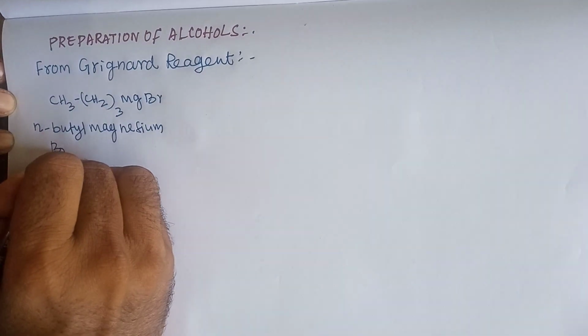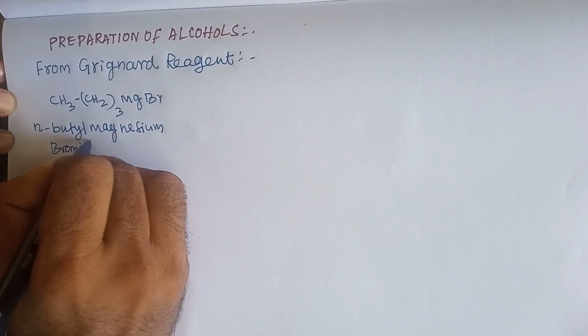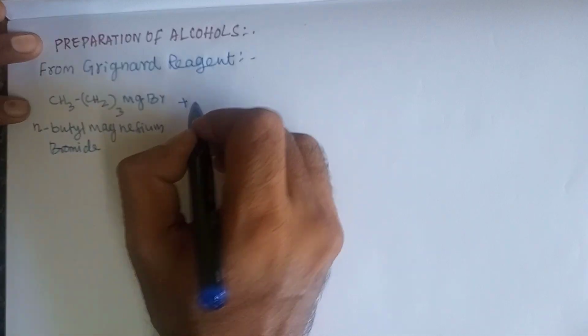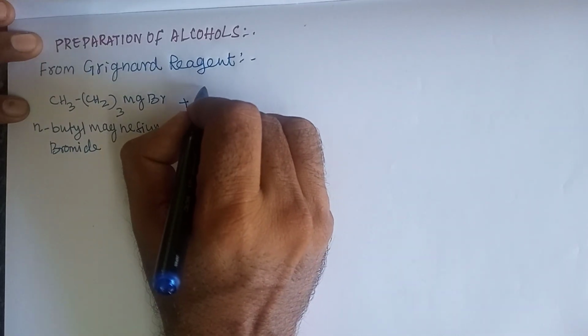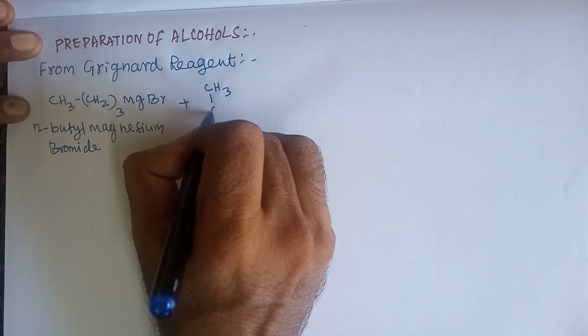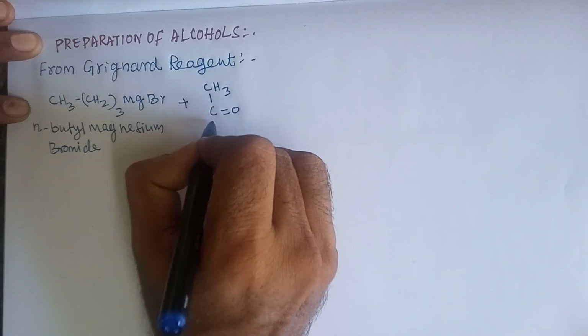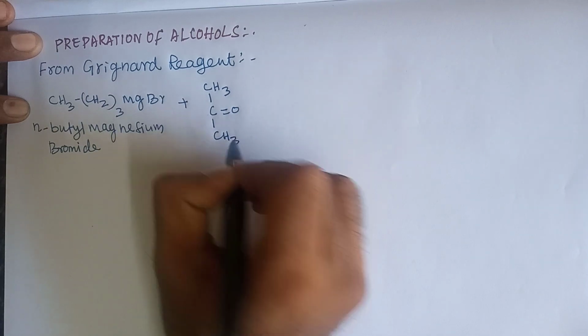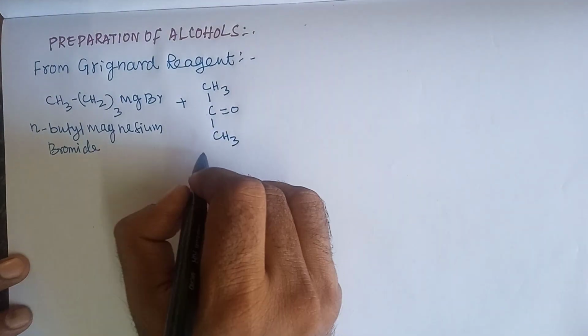Magnesium bromide. This reacts with acetone. We are taking acetone. It is a ketone. CH3, C double bond O, CH3. This is acetone or propanone.